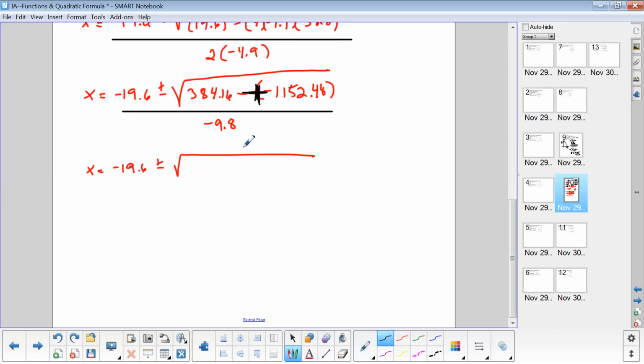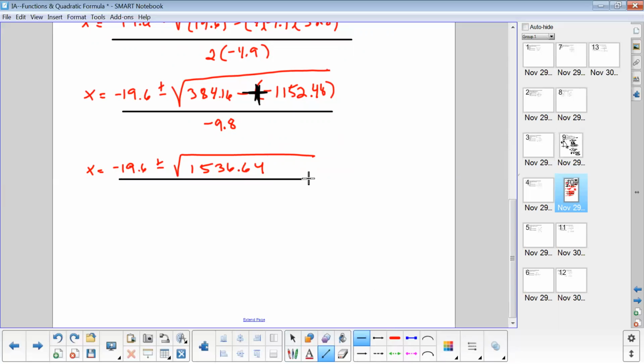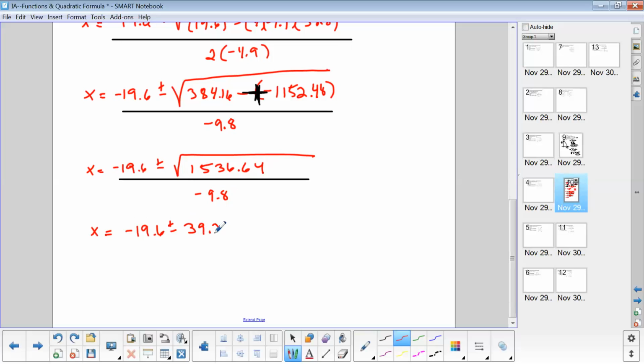So 384 1600 plus 1,152 and 48/100 gives us 1,536 and 64/100, all divided by negative 9 and 8/10. So let's go ahead and find out what the square root of that answer would be. And that's going to be plus or minus 39 and 2/10.